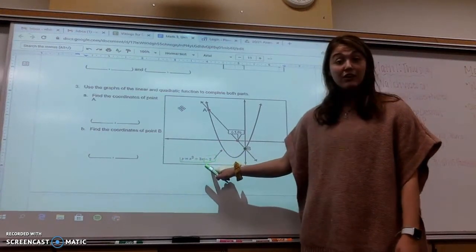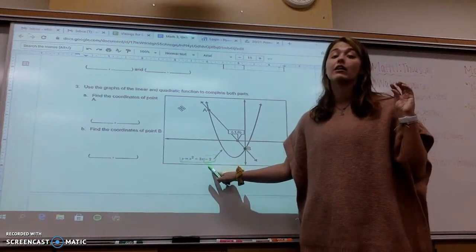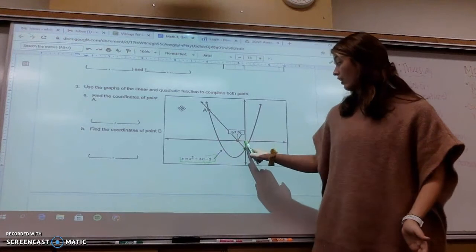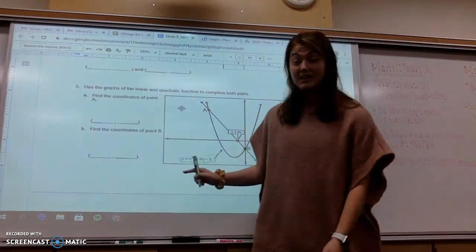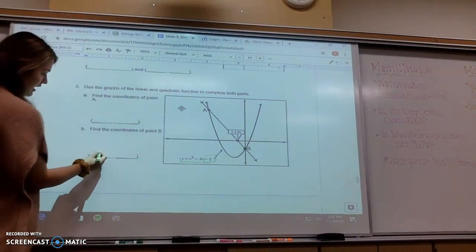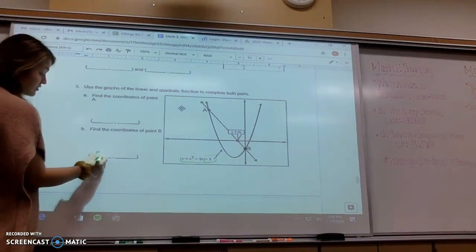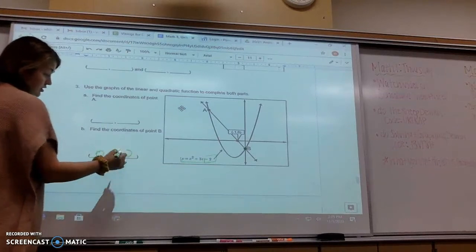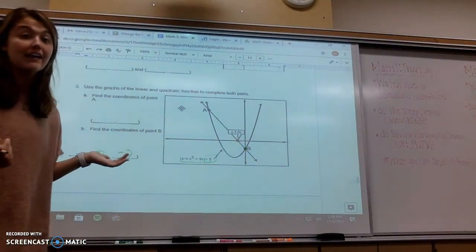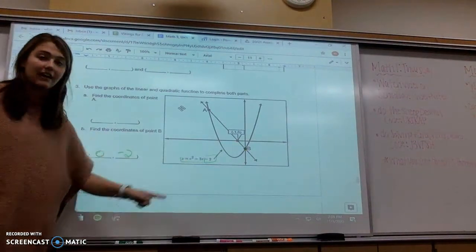Our C value is always where our standard form crosses our y value. So that point right there for B is actually 0, -2. Okay? Because I went over 0 down 2, that's my y-intercept. I knew that from looking at that one.